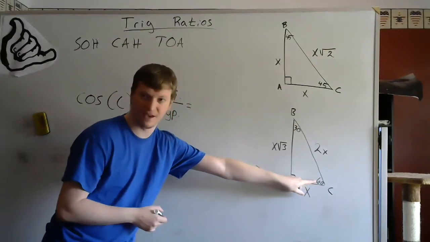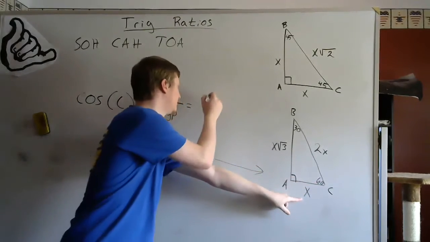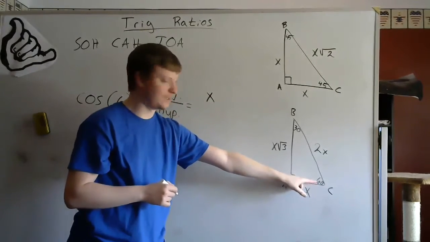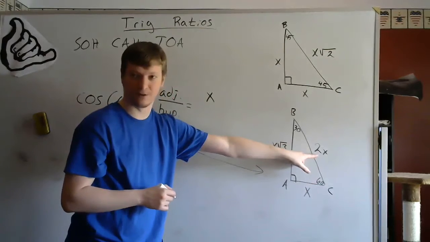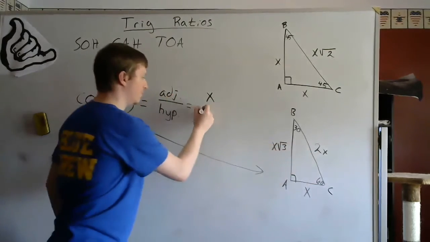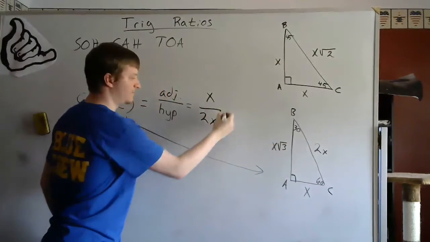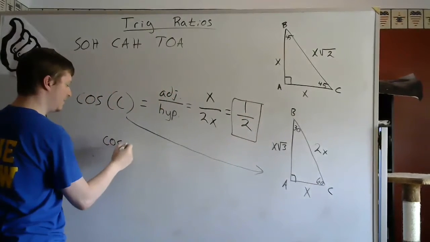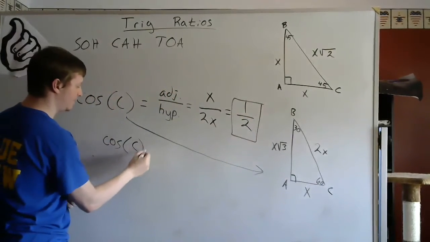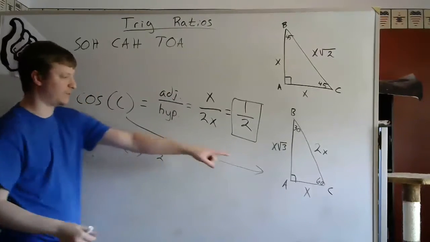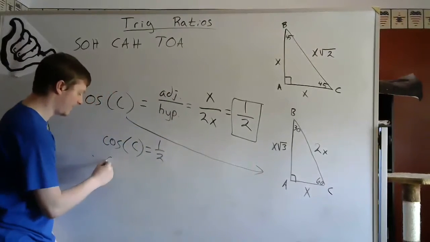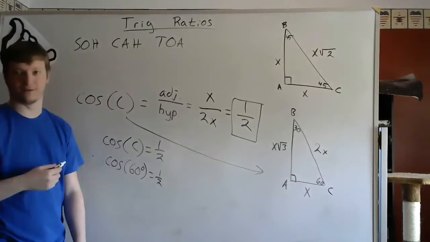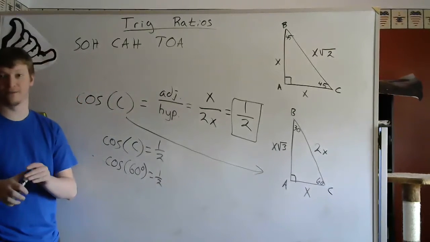The adjacent side to angle C is x. The hypotenuse relative to angle C is always just going to be 2x because hypotenuse is opposite the 90 degrees. So x over 2x. Simplify, and I get 1/2. So the cosine of C is 1/2. And in this case, we also know what C was. That's 60 degrees. The cosine of 60 degrees is equal to 1/2.